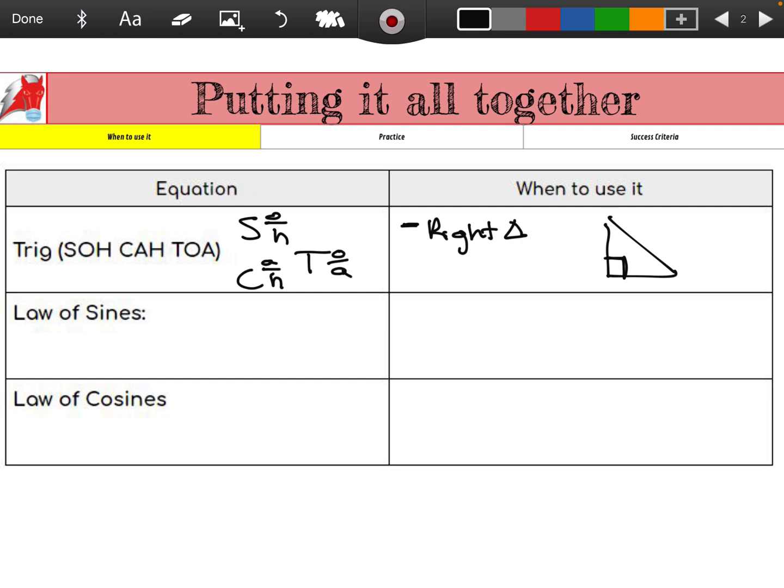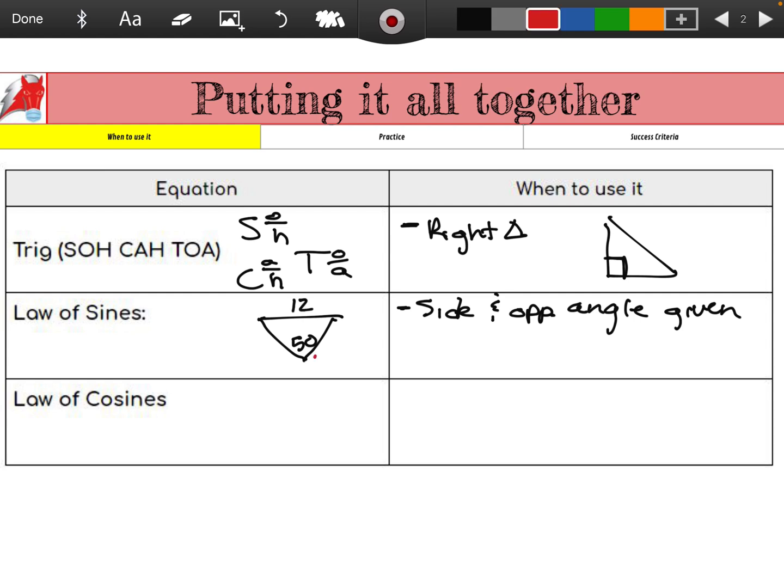Next one, law of sines. The big piece that tells you you're going to use law of sines is if you have a side and opposite angle given, and obviously something else and another side. An example of that would be, let's say this is, I'm just making up something, 50, and let's say this is 12.